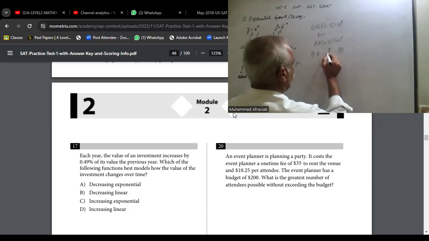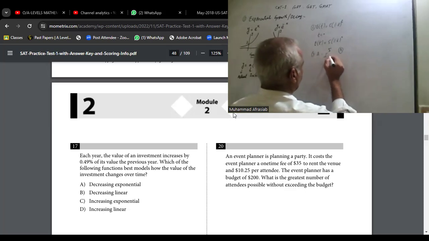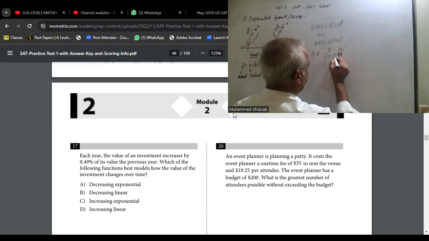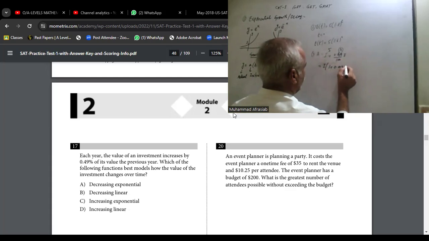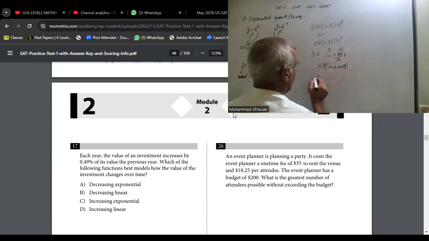So it should be equal to I plus 0.49% of I. I is common, so 1 plus 0.0049.